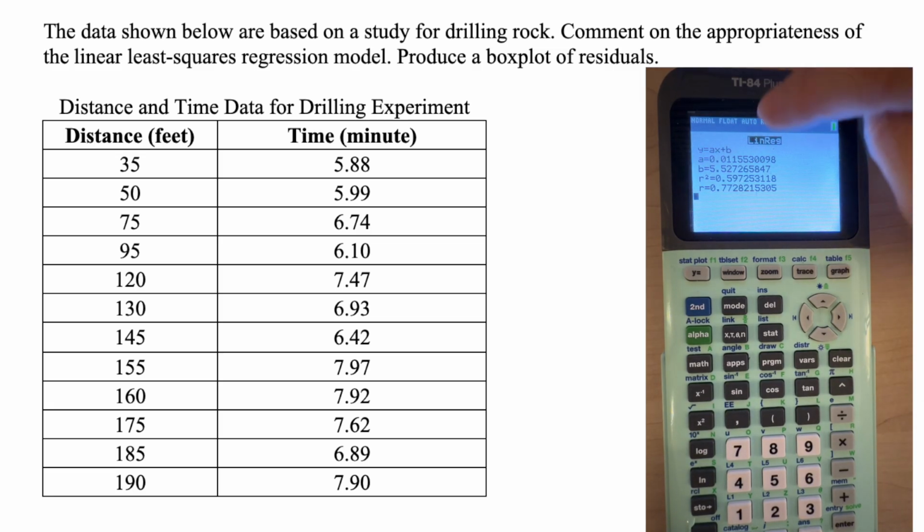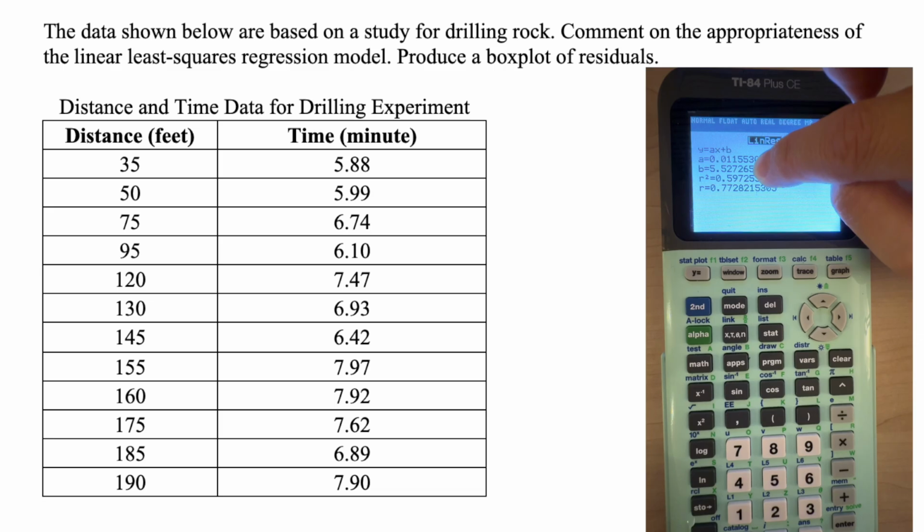My regression line has the form y equals ax plus b, and my a is 0.01155 and my b is 5.5273.